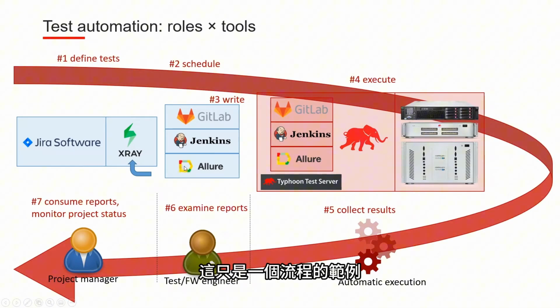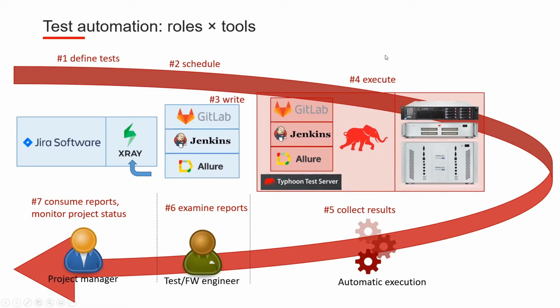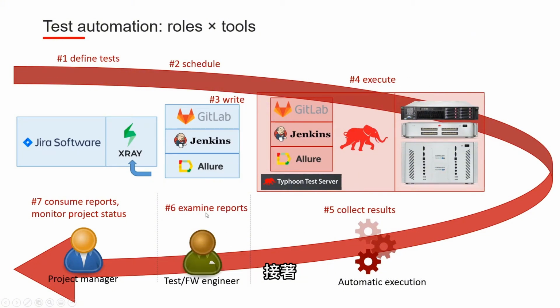Just the flow of how it would work. So the manager would define the tasks, the test and firmware engineer would schedule when it should run, write the code, all the execution and test collection is automatic, and then the test and firmware engineer can examine the results and see if it's implemented correctly.